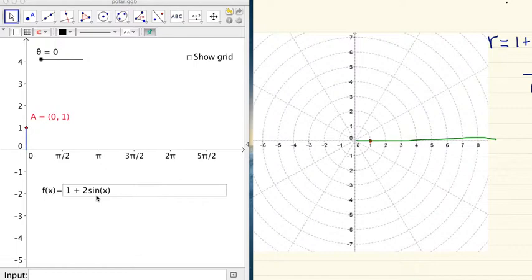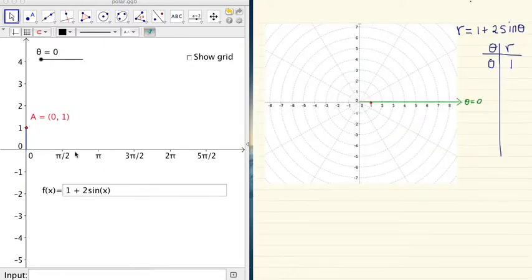The positive x-axis is the ray theta equals 0, and I'm going 1 unit along it to the point whose polar coordinates are r equals 1 and theta equals 0.